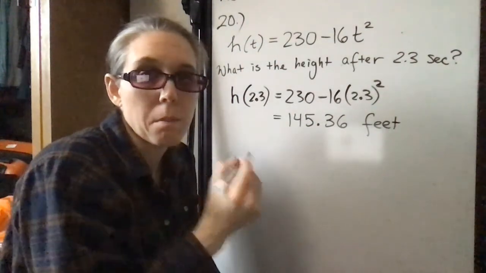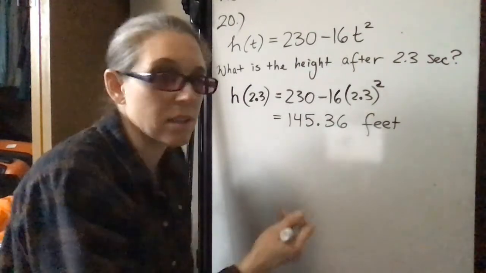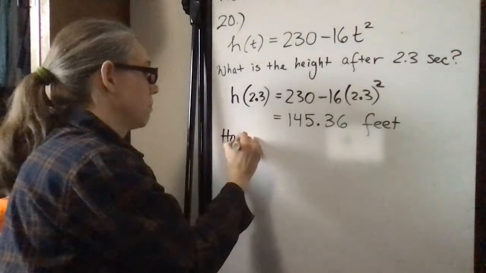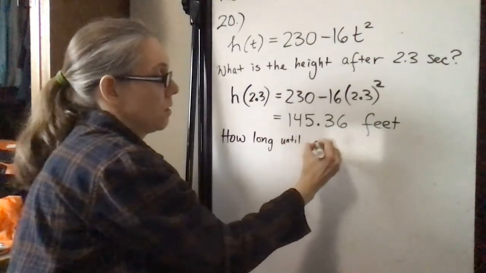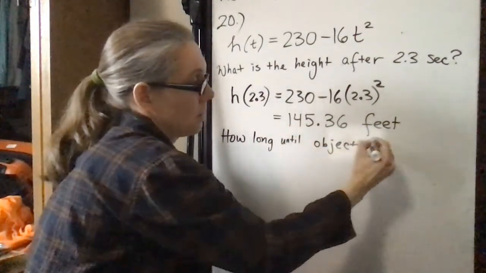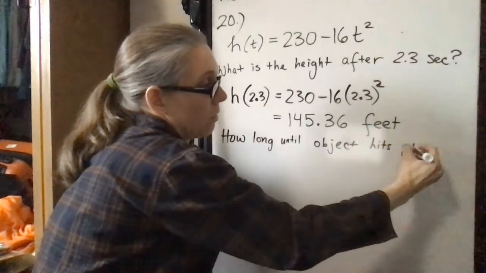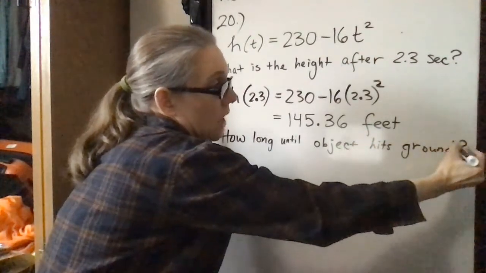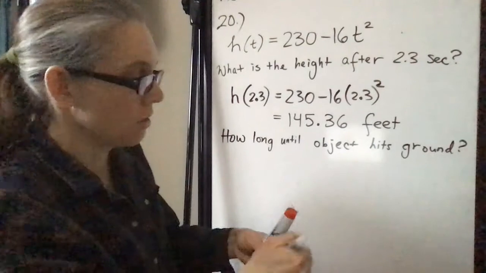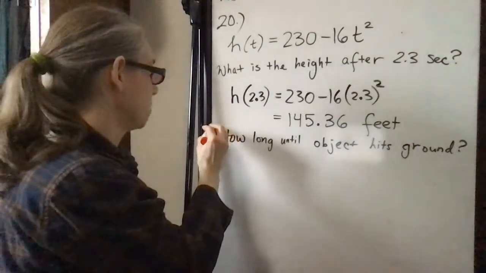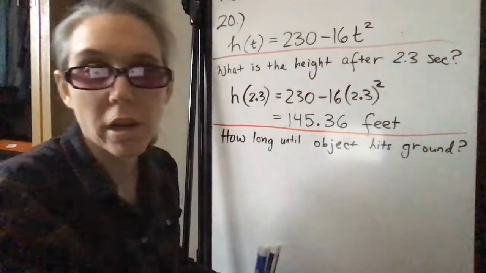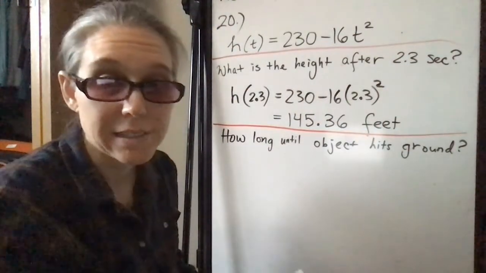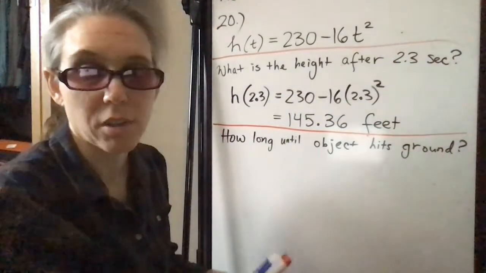For part B, or the second question, it says, how long until the object hits the ground? That question, how long till the object hits the ground, let me separate these questions, requires that you take the height and make it 0, because the height of the ground is 0.